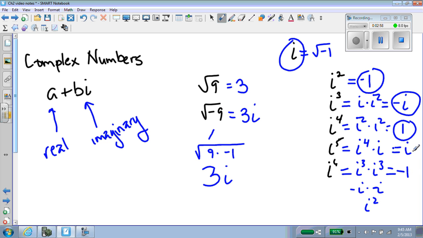That was a lot of work but it's just cycling back through. It's going through i, -1, negative i, 1, i, -1, negative i, 1. So there's a cycle, but technically there's only i, -1, negative i, and 1 for any power of i.